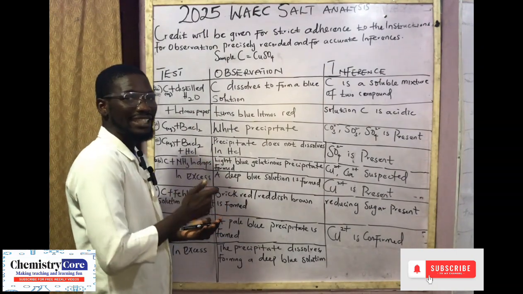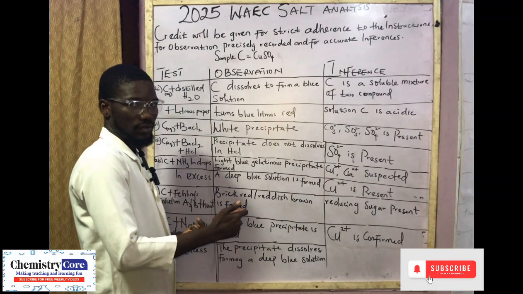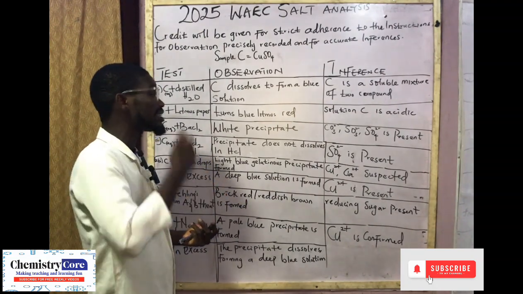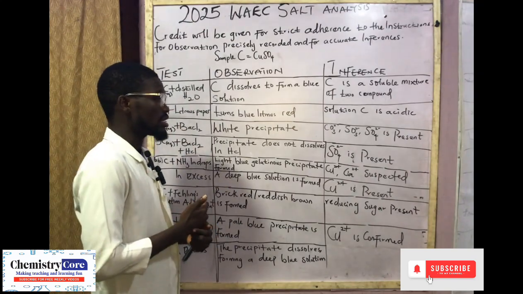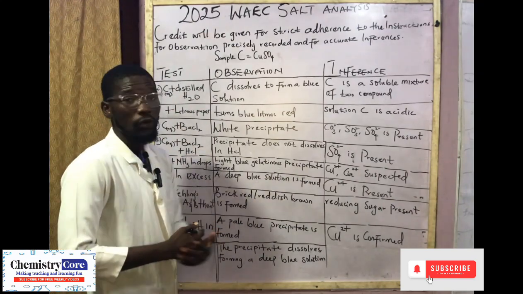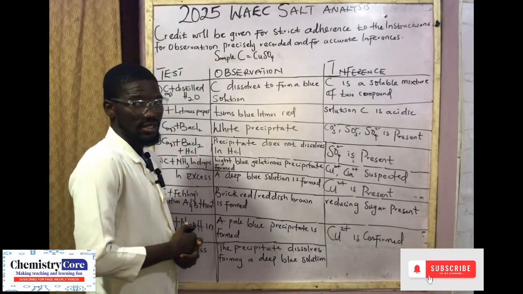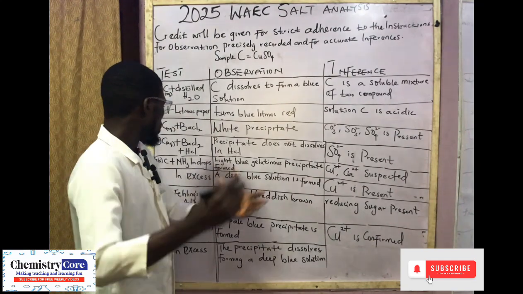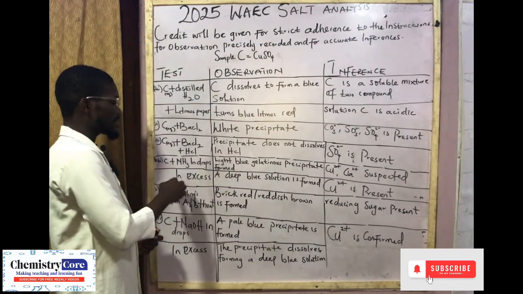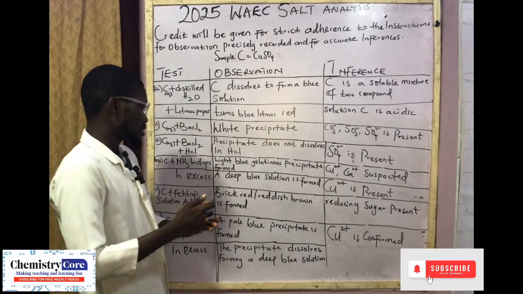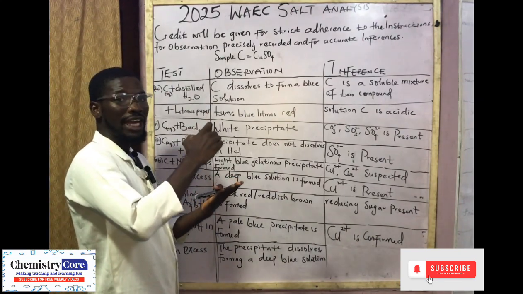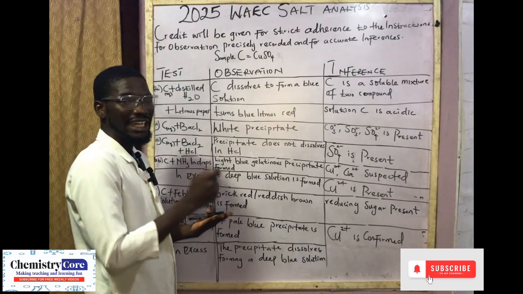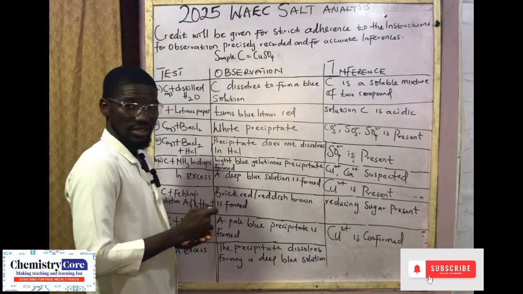So you have to add HCl to it. By adding HCl to it, the precipitate does not dissolve in HCl. With that, sulfate is present. Are you with me now? So the next one is C plus ammonia in drops. If you drop the ammonia in drops, you'll have a light blue gelatinous precipitate.